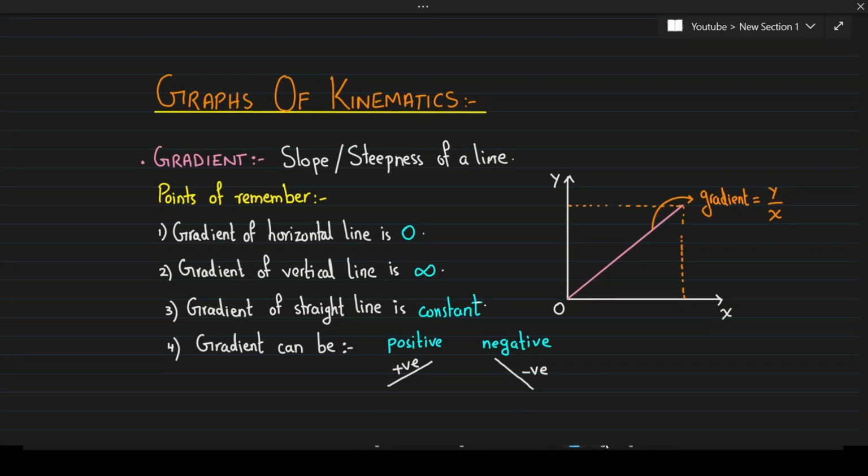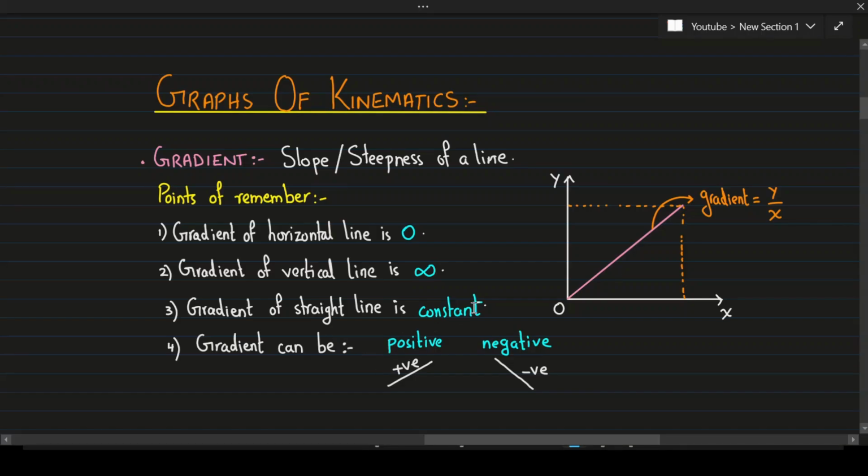So in kinematics, the first concept that you need to learn is the concept of gradient. The concept of gradient is very important. So, what is gradient? Gradient is the slope or steepness of a line, like how steep a particular straight line is. That shows you the gradient of the line.